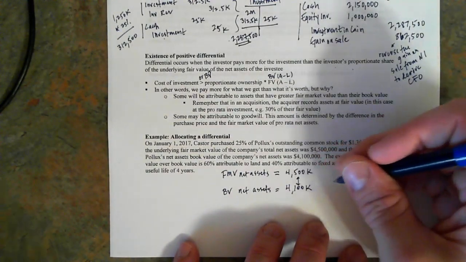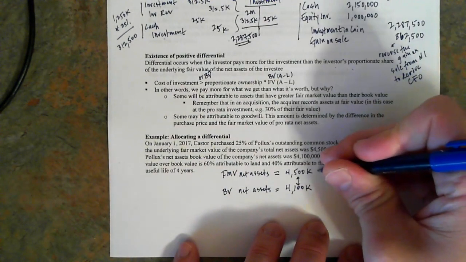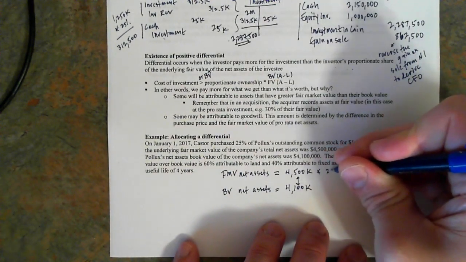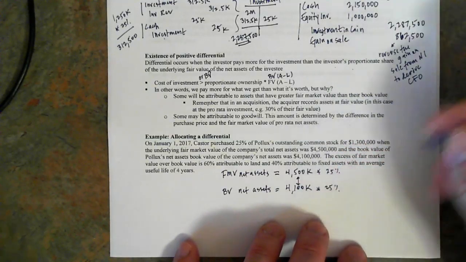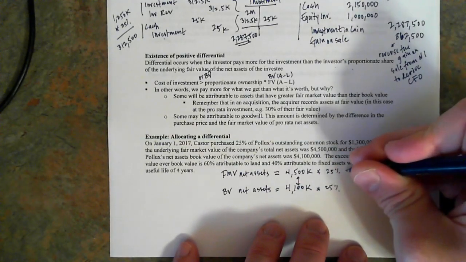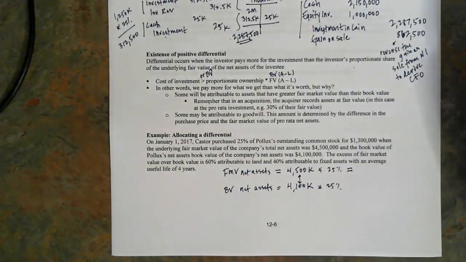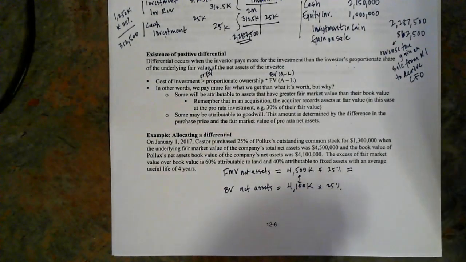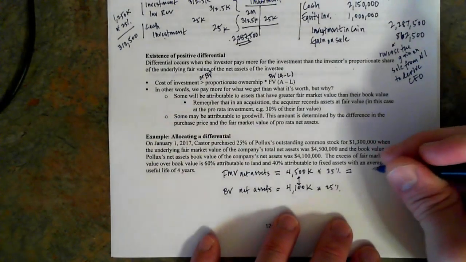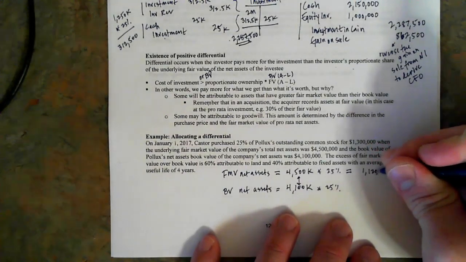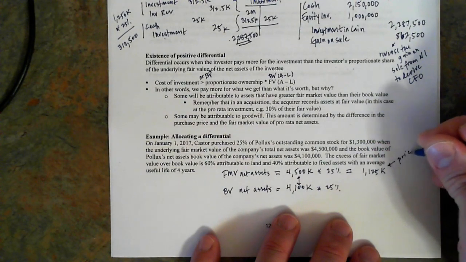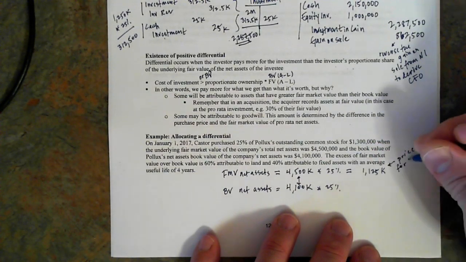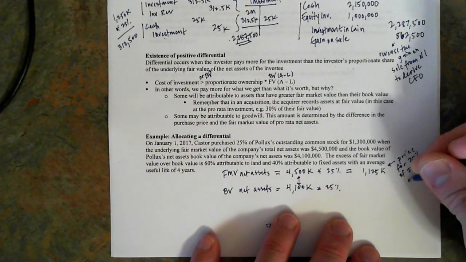However, if we think about this in terms of the percent that we've purchased between the two, if we had purchased 25% of the fair market value of net assets, we would have paid $1,125,000. So that's the price for 25% of the fair value of net assets.